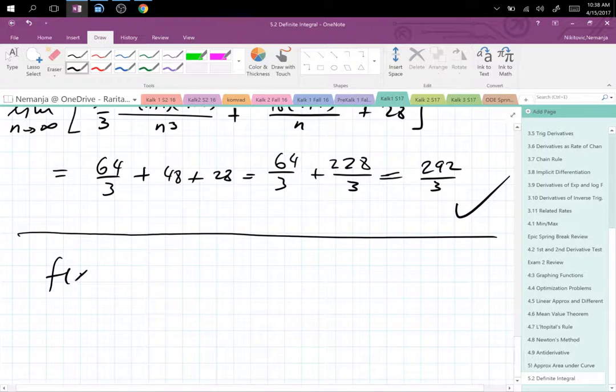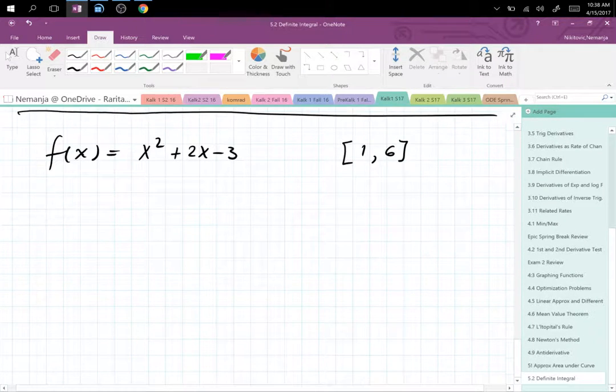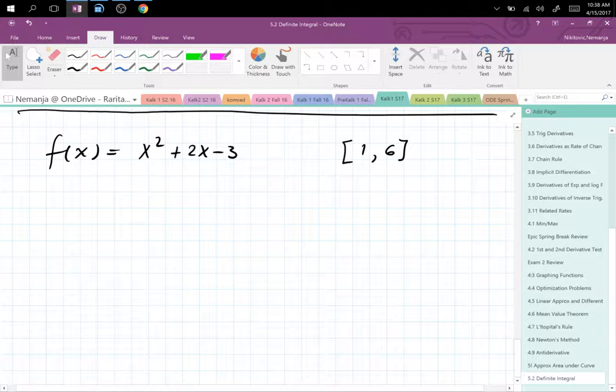So let's say that f of x is x squared plus 2x minus 3 on interval 1 to 6. It really doesn't matter, right? So same as before, delta x is first.